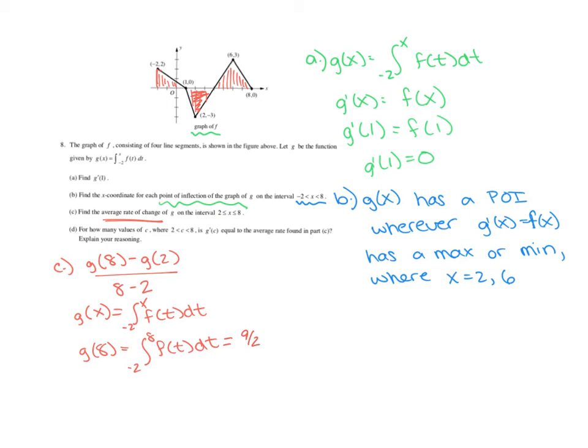We would find g of 2 in a similar way. So g of 2 would be the area between -2 and 2.